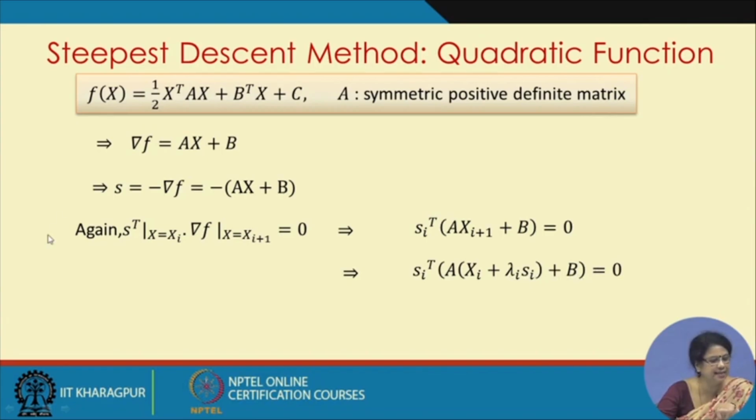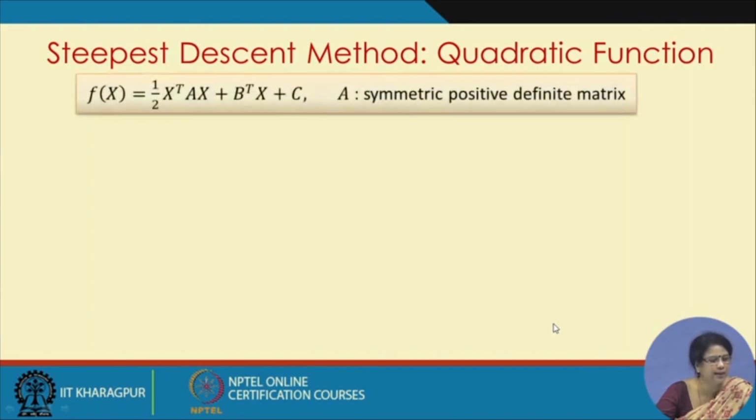Here si is equal to minus grad of f, the same thing. Okay. Now, if we just readjust it, we are getting this fact, a xi plus b together, and this is 1. Then from here we can calculate the value for lambda i or alpha i, whatever you want to say, that is the optimal value of step length at the ith iteration, all right.